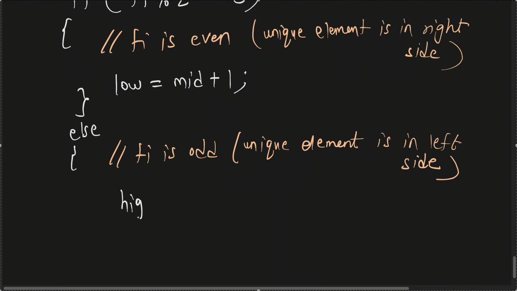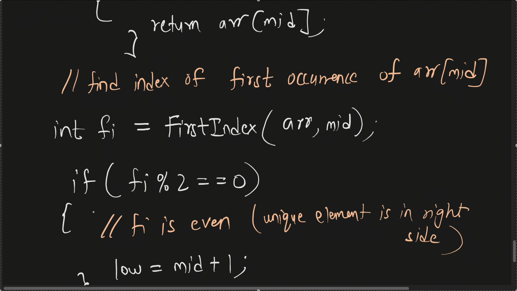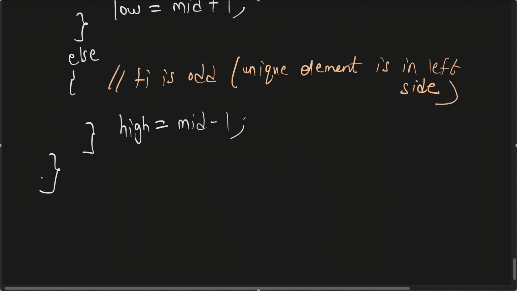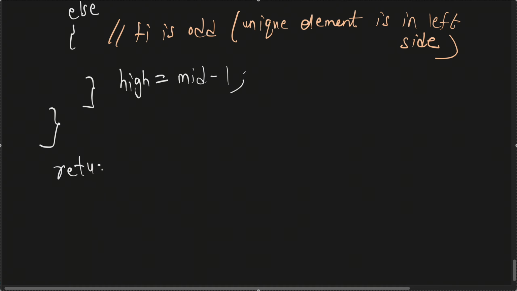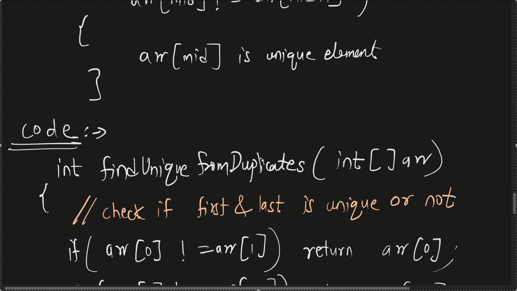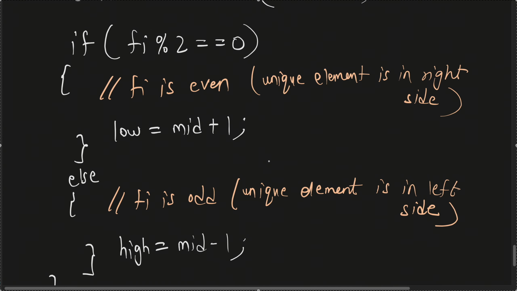High will be mid minus 1, right? This is how we use the index of the first occurrence, and we end our while loop. If the element is not present, we return -1 and the function is completed. So the function for finding the unique element from duplicates ends here.